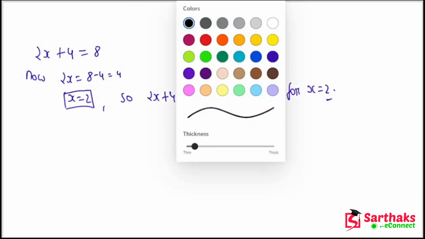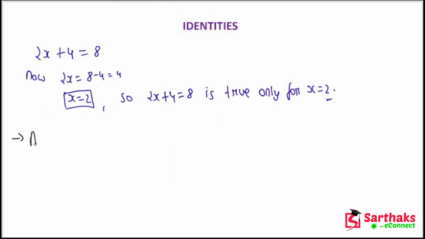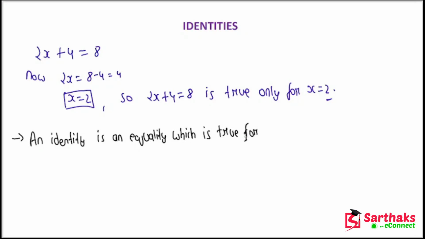Okay, so if I have to write the definition for identity, then I can write: an identity is an equality, that is, it is also an equation, which is true for all values of the variables, right?